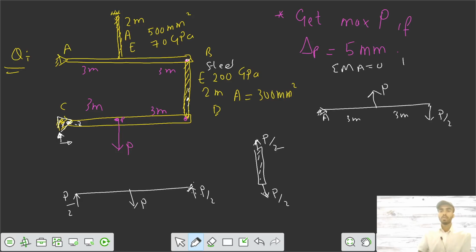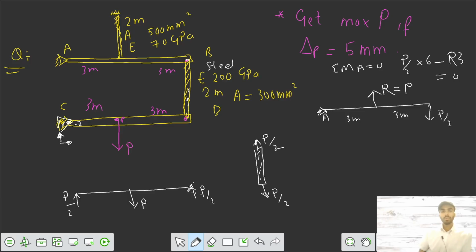We can say P by 2 clockwise into length 6 meter, and anti-clockwise minus P aluminum, its reaction R into 3 equals 0. We can say R comes out to be equal to P. So your R comes out to be equal to P.